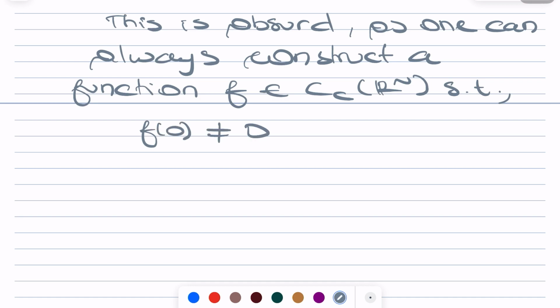For instance, if you're in the plane, we can have something like this function, which has compact support but does not vanish at 0.